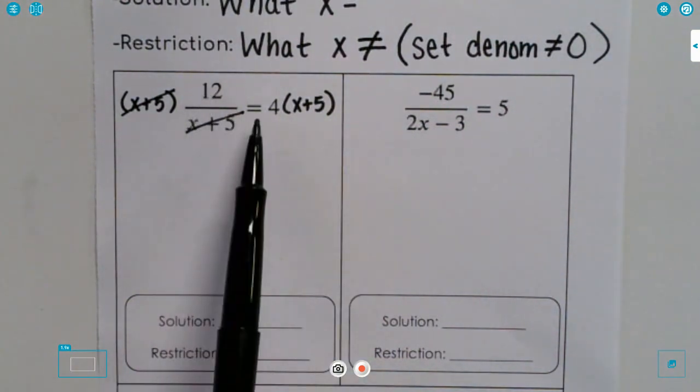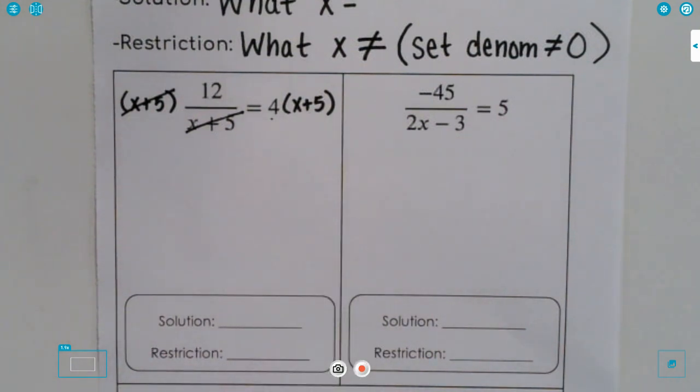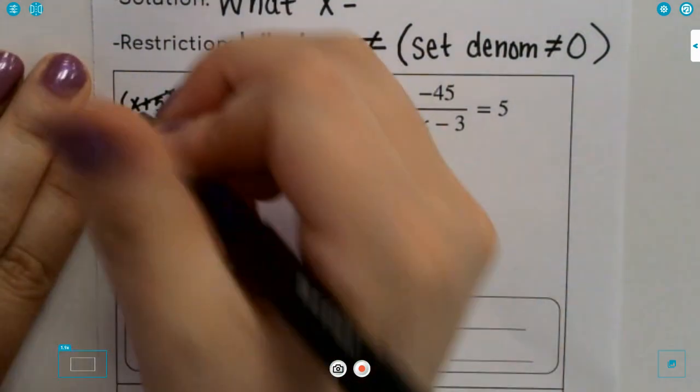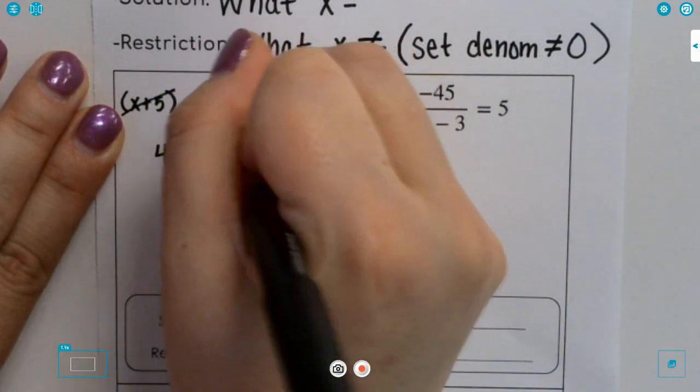So now I've got 12 equals 4 times x plus 5. I'm going to flip that around because we like solving equations with the x on the left. So I'm going to put 4 times x plus 5 equals 12.